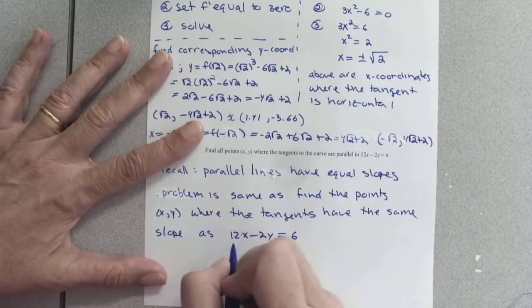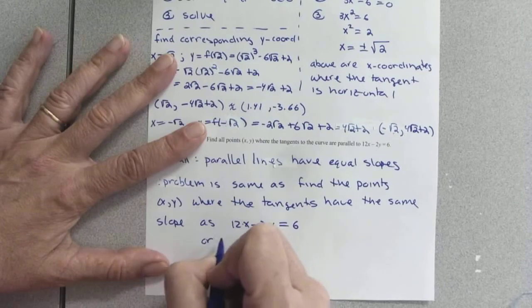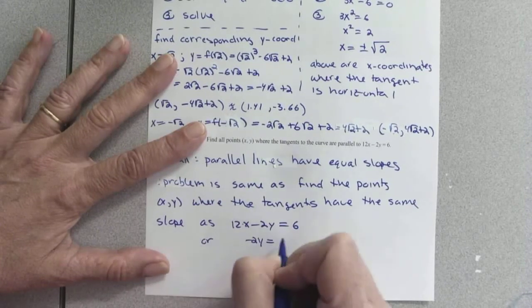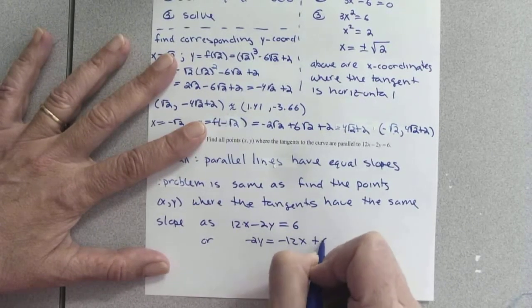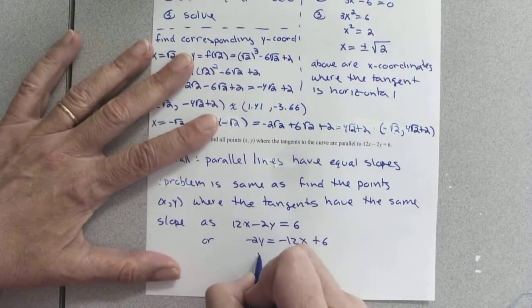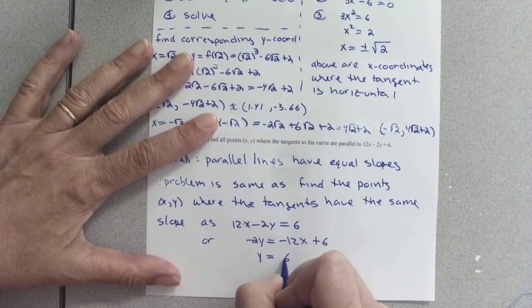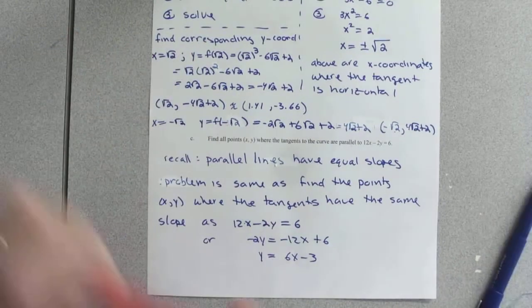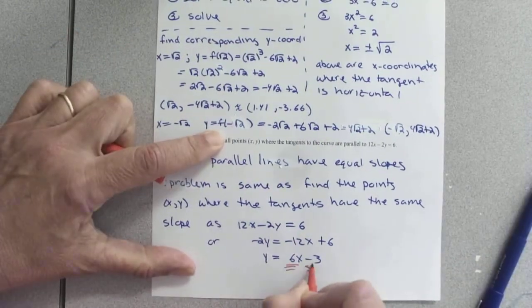Well, let's recall, if I rewrite that to negative 2y equals negative 12x plus 6, taking that 12x to the other side, and then saying y equals 6x minus 3, there's my slope.